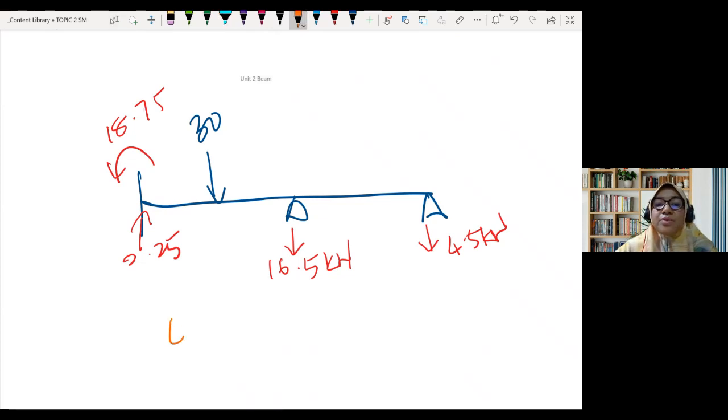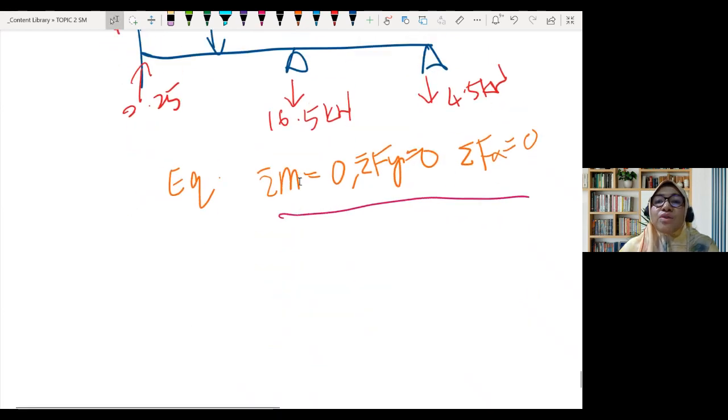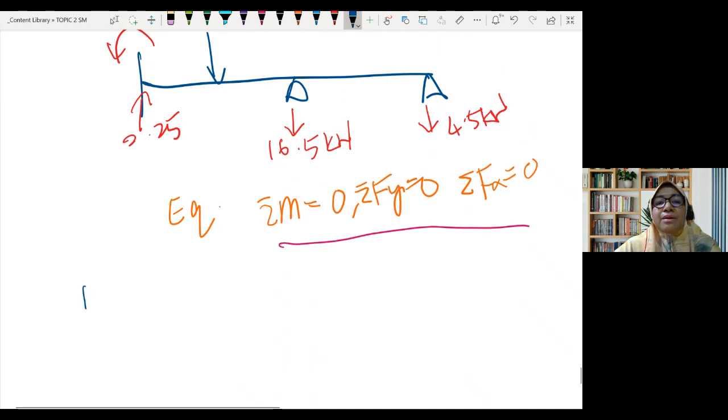So, having this, we can check for equilibrium using the equilibrium equations. We check whether total M is equal to 0, total Fy is equal to 0, and total Fx, of course, is equal to 0. When all these are fulfilled, then we can draw the shear force diagram and the bending moment diagram.